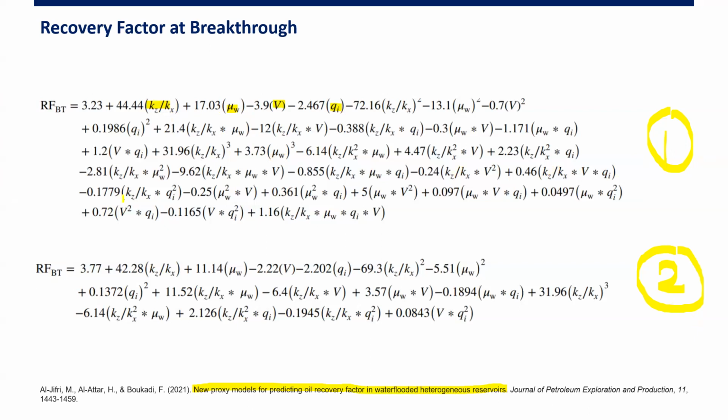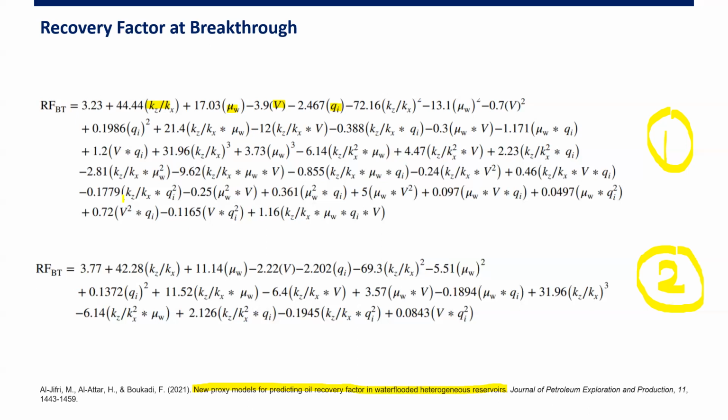The simplest thing you can do is use this correlation to predict the recovery factor at breakthrough time. You can use either the expanded form or the reduced form, and compare the results between the two.